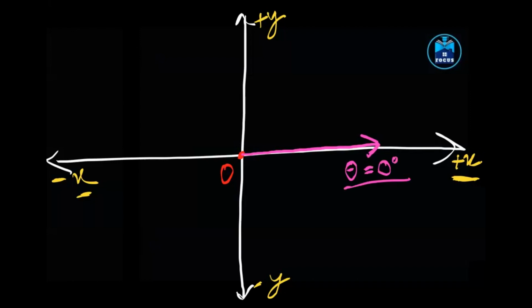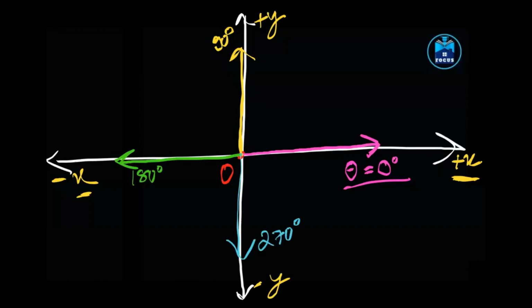Next, tell me the value of this axis. 90. Yes, this would be 90. Then this would be 180. Very good. This would be 270. And if I keep going and come back to the first line by taking a complete round, that would be 360. Wonderful.